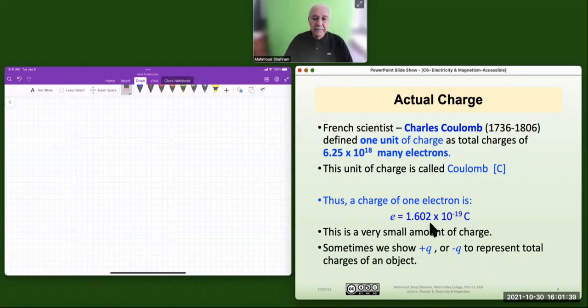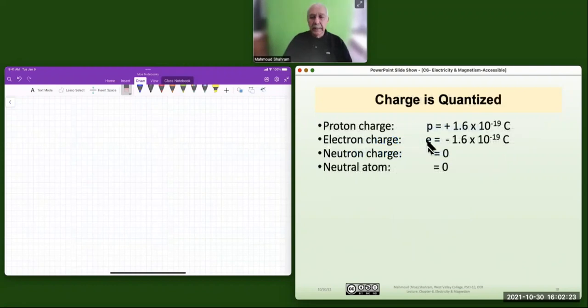As you can see, the charge of 1 electron is very small. You need that many electrons to have 1 coulomb of charge. Sometimes we have objects or collections of particles that have a charge. We show that with Q. Again, the charge of a proton is 1.6 times 10 to the minus 19 coulomb.